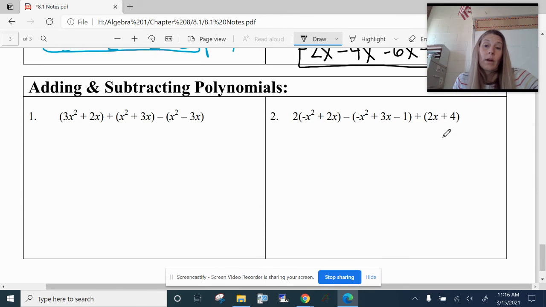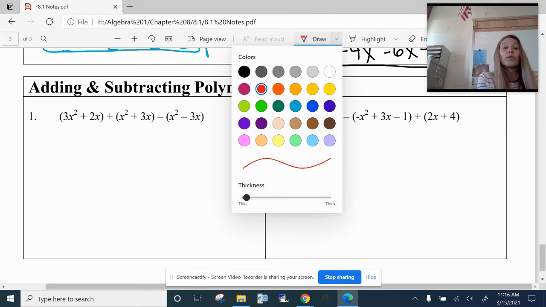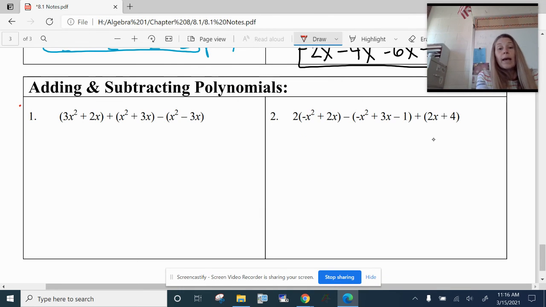All right, now we can do combinations of addition and subtraction. So if we look at this one here, we're adding together the first two, but then we're going to subtract the third one. So if you're going to continue with that stacking method that I've been kind of setting up, it's not going to be very difficult to do this. You're just going to have 3 layers.